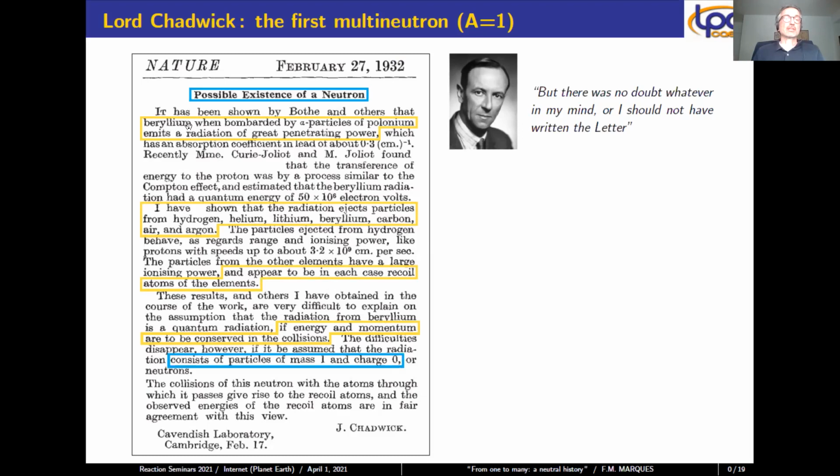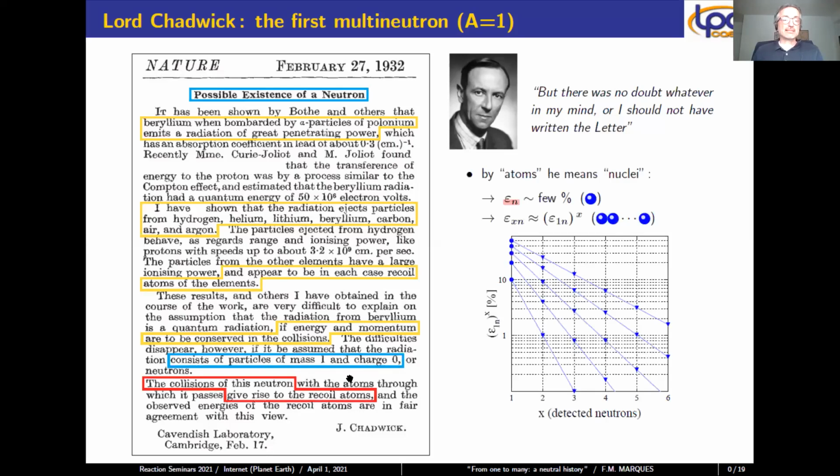the origin of the mystery that they were trying to solve in beryllium radiation, and then how he reached his conclusion. He irradiated several atoms, several nuclei, and he measured the recoils. The conclusion was that the particle inducing the recoils was of mass 1 and charge 0.